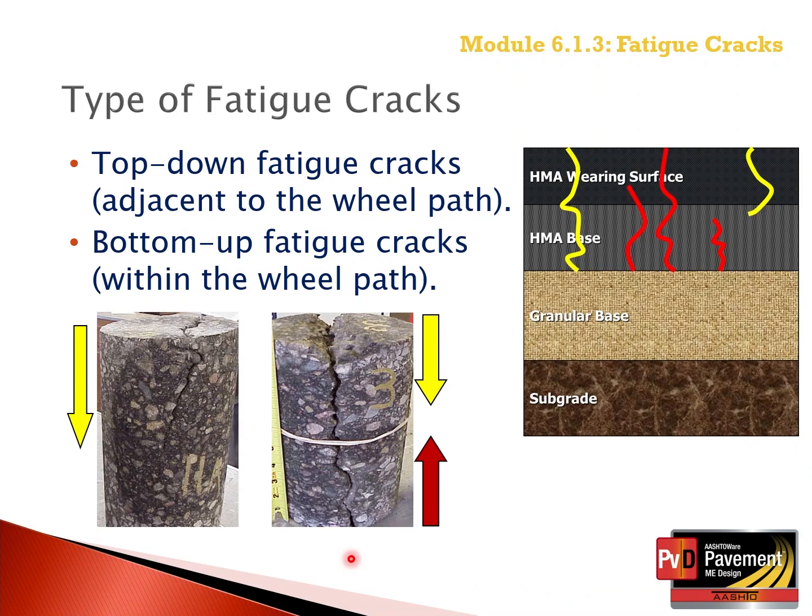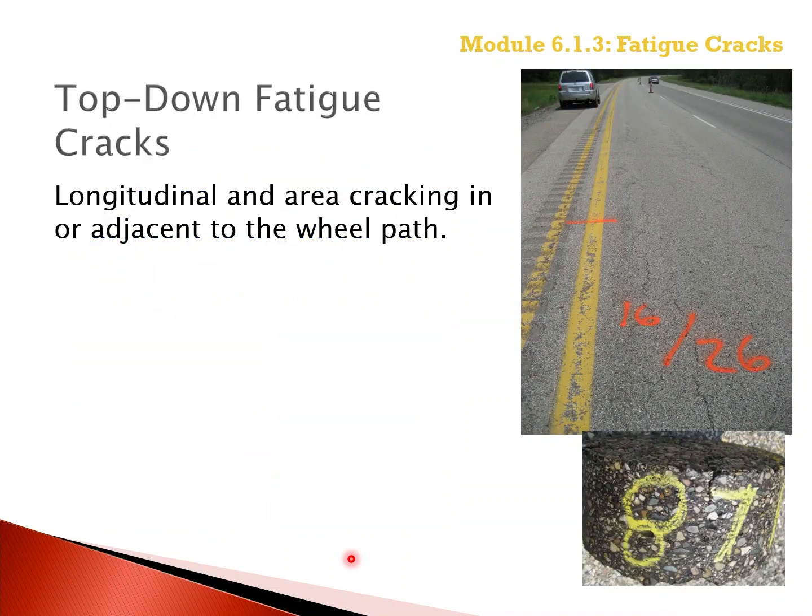There are 2 types of load-related fatigue cracks, bottom-up and top-down cracks. Both types are defined and are included as design criteria in the PMED design software. Longitudinal cracking in or adjacent to the wheel path is a form of load-related cracking.